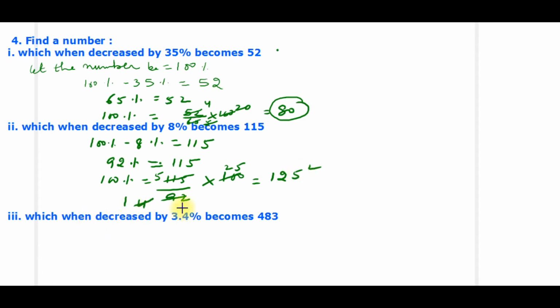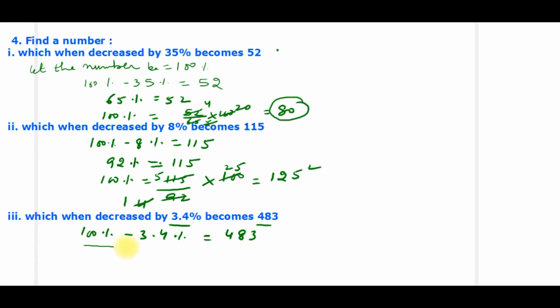Now the number when decreased by 3.4% becomes 483. So let the number be 100. We decrease it by 3.4%, then it would become 483.